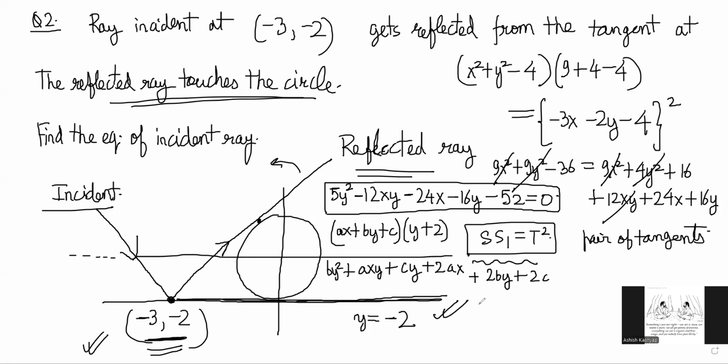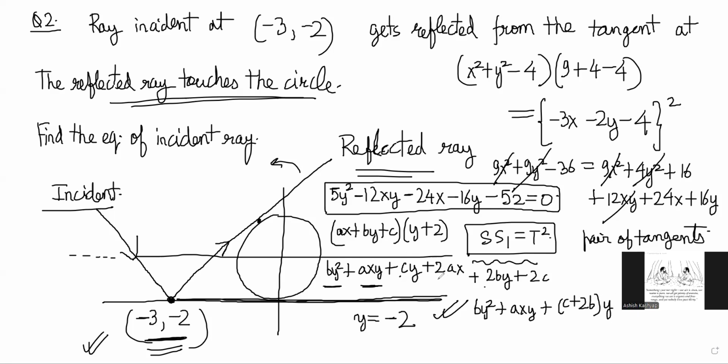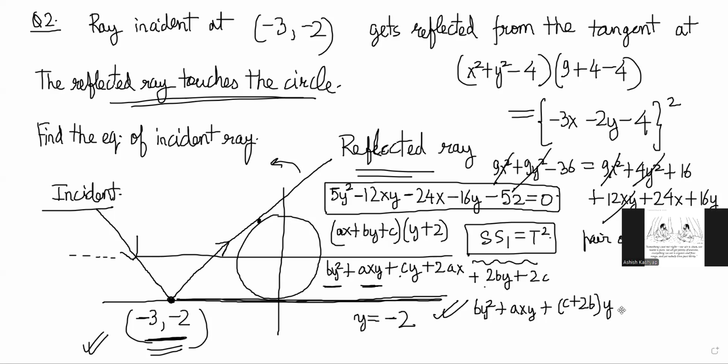Collecting all the terms, you have by square, axy, the y term is c plus 2b, so by square plus axy plus (c plus 2b) times y, and the x term is just 2ax, plus 2c.